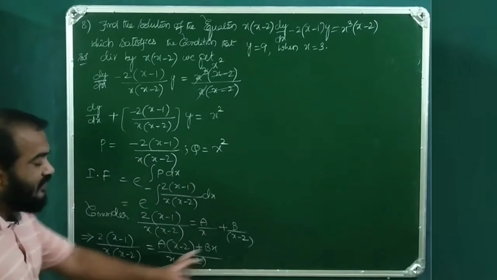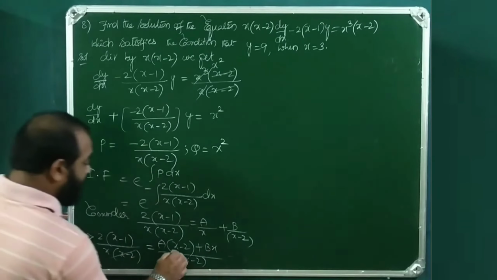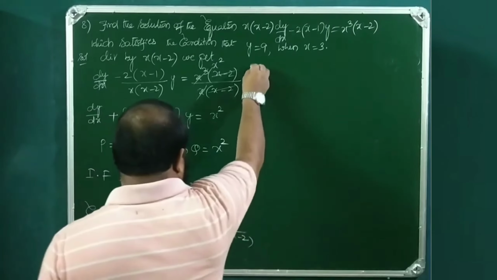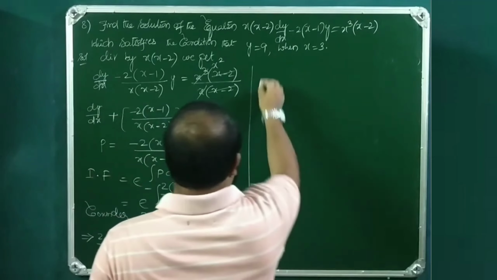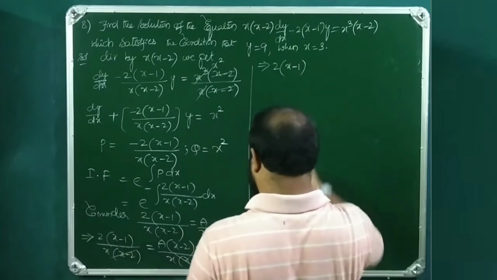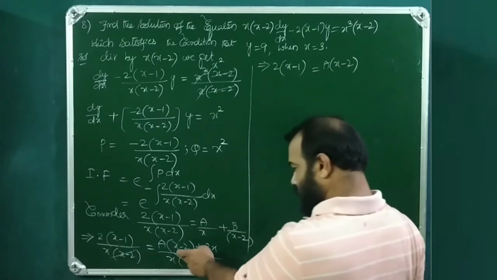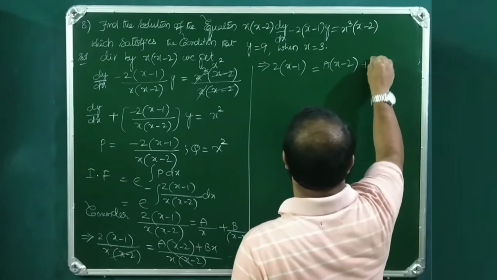I have found the LCM. So x into x minus 2 on both the sides gets cancelled. So this is equals to 2 into x minus 1 is equals to a into x minus 2 plus b into x.